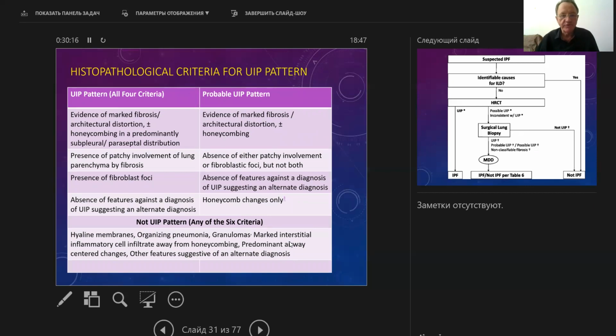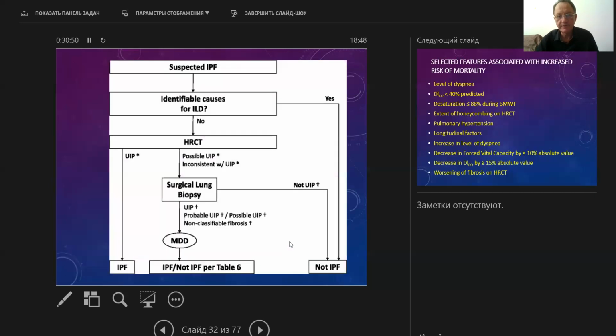So, evidence of marked fibrosis, architectural distortion, honeycomb predominantly in subpleural, paraseptal distribution. Presence of patchy involvement of lung parenchyma by fibrosis. Presence of fibroblast foci. Absence of features against a diagnosis of usual interstitial pneumonia, suggesting an alternative diagnosis. These are the histopathological criteria for UIP.